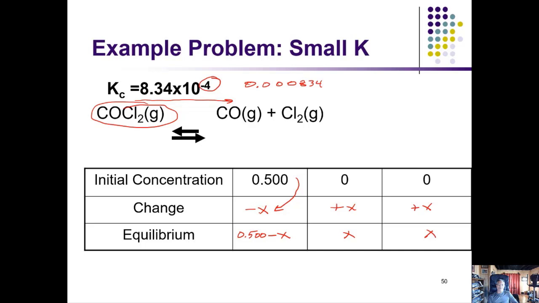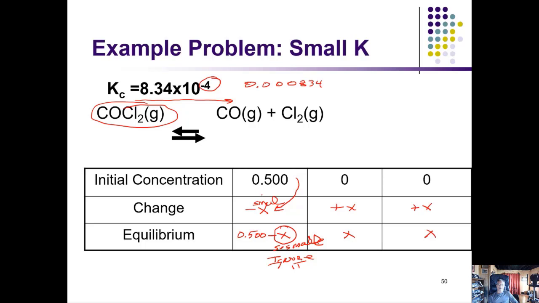This change with respect to this concentration is very, very small. So that means that this x is so small that we can ignore it. Now we have to check afterwards to make sure that it is less than the 5%.